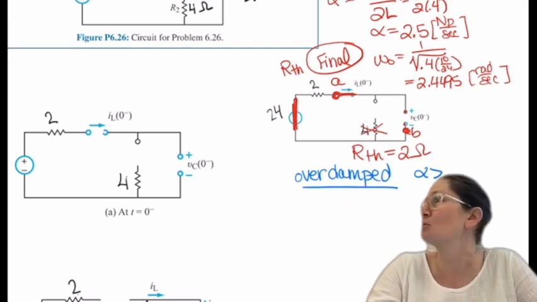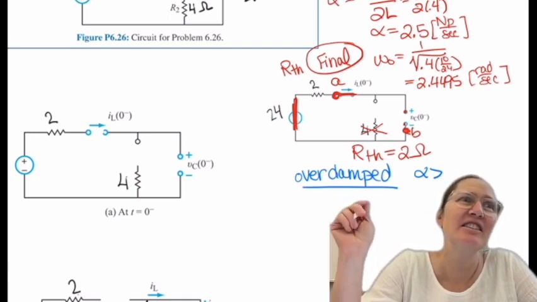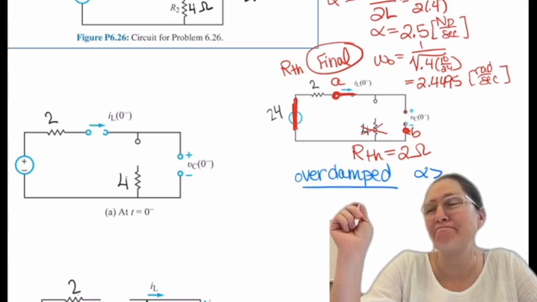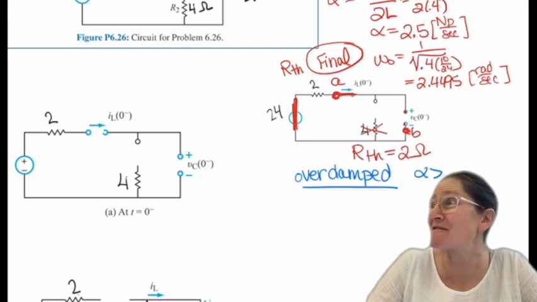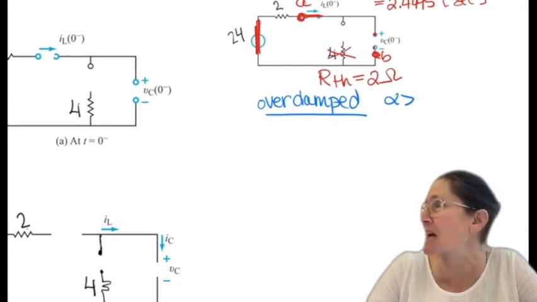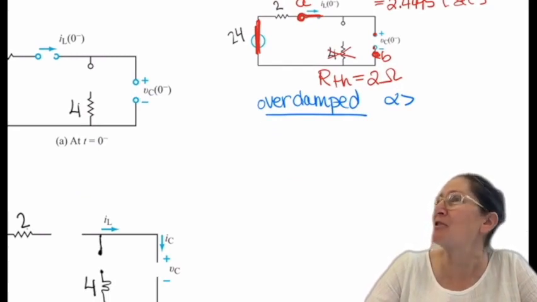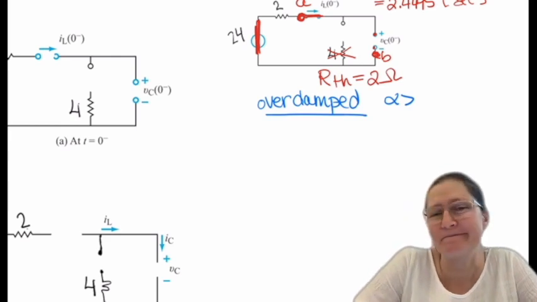So in the end, does it really matter? Not really. As they approach the same value, it's going to look the same no matter what. Choose whichever you prefer. In exams, I'll try to make it a little bit more different, so that it would be more obvious. But if it was that close in an exam, I would have the grader go back and say, if they're that close, you could let them choose either one.